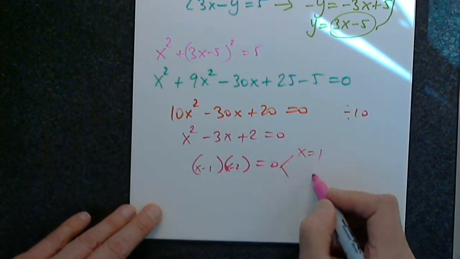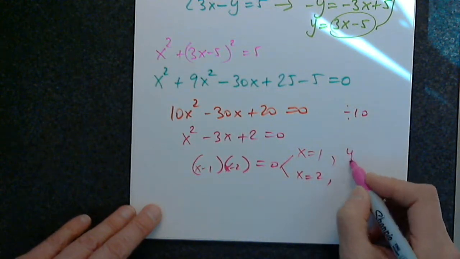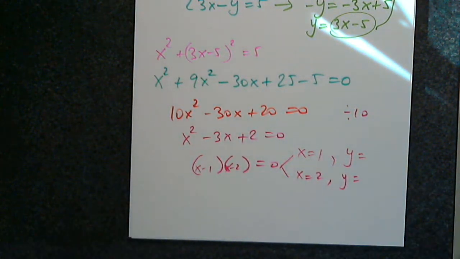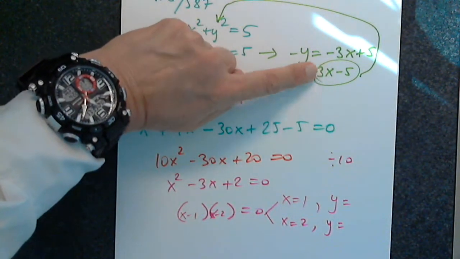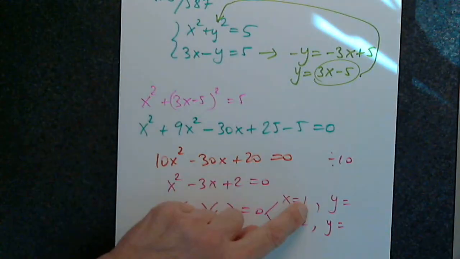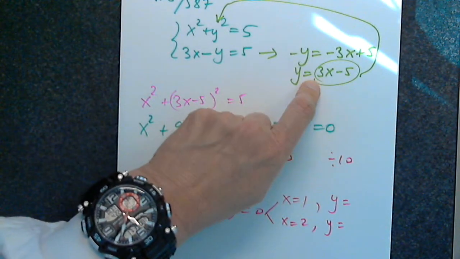So two options, x equals 1 and x equals 2. But that's not enough. I have to determine the corresponding y values. Plug it right in, right here, because I used substitution. When x is 1, how much is y?